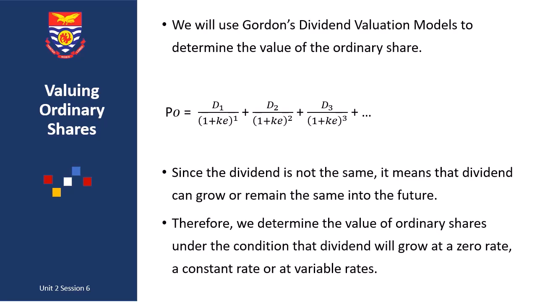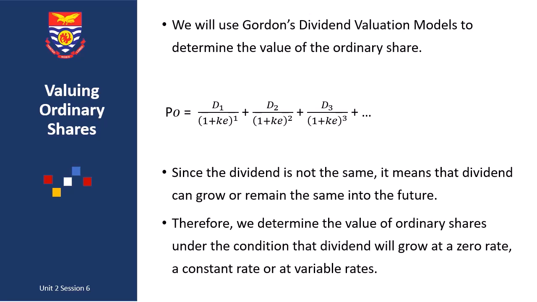We use the Gordon's dividend valuation model to determine the value of the ordinary shares. So price of ordinary shares. The shareholders also receive dividend. Bondholders receive what? Interest. That is why when we were doing the bond valuation, the formula was I, but share valuation is what?